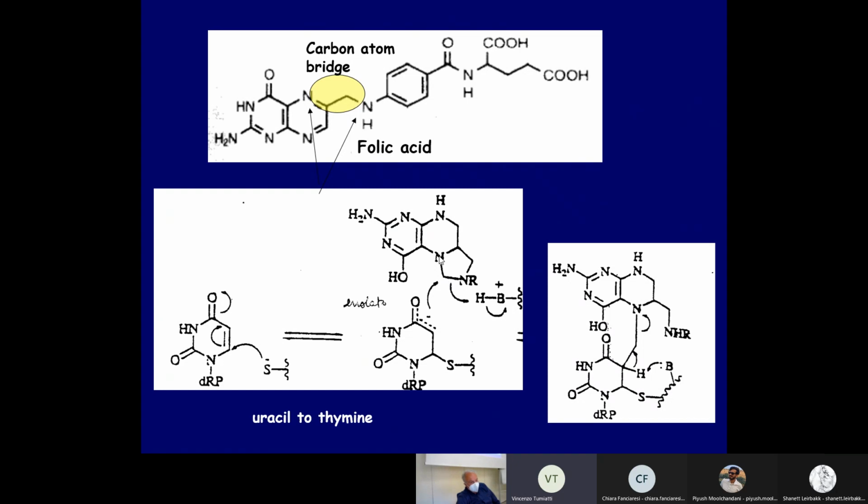This carbon unit forms a bridge between these two nitrogen atoms. One is present on the pteridinic group, the other one is of the para-aminobenzoic acid. And this carbon unit can be donated, for example, to uracil to form a thymine. You see a carbon unit that can be incorporated in this DNA base.